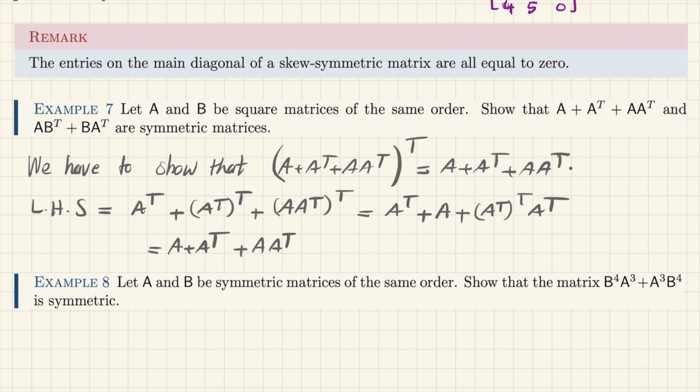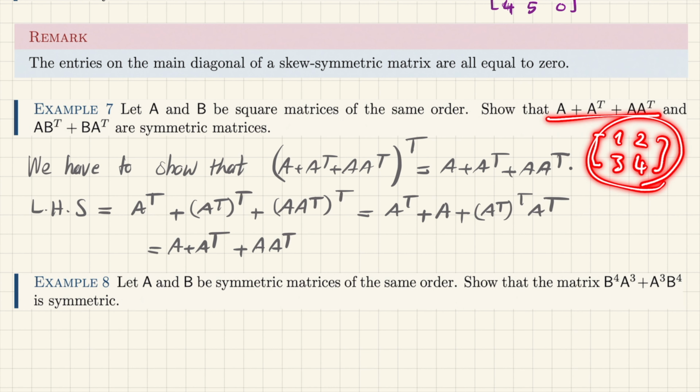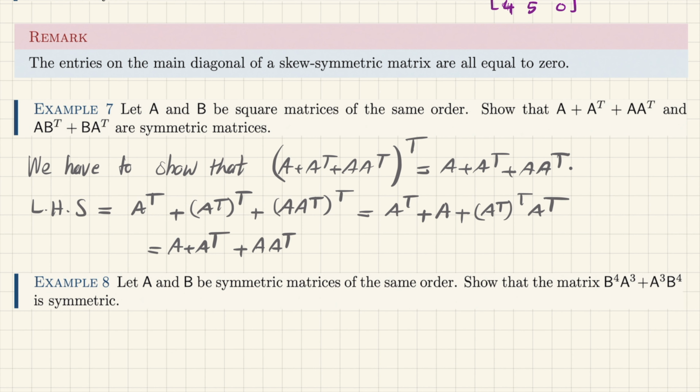So it means that we don't care if A is symmetric or not, but if you take any square matrix that you like, you calculate this combination, at the end you will get a symmetric matrix. So you can, for example, convince yourself by taking, I don't know, 1, 2, 3, 4. Definitely this is not symmetric, but you can calculate this combination. You will see at the end you will get a symmetric matrix.